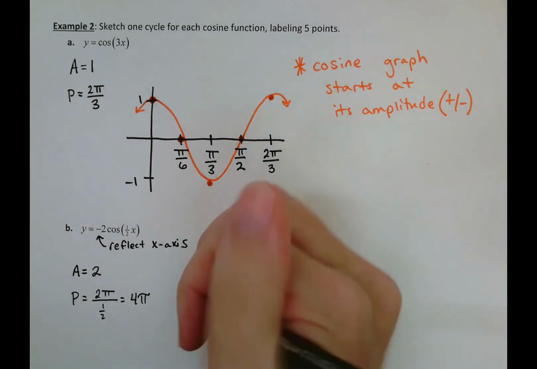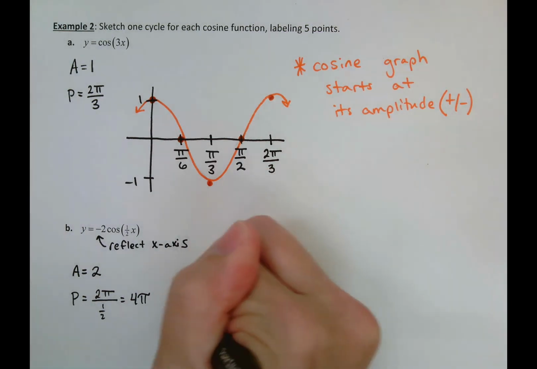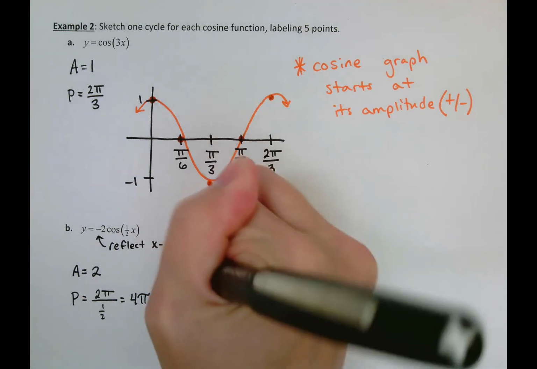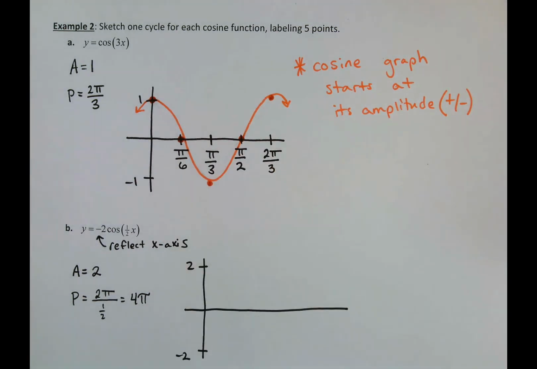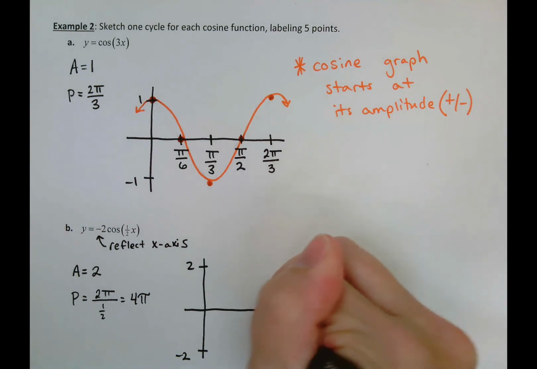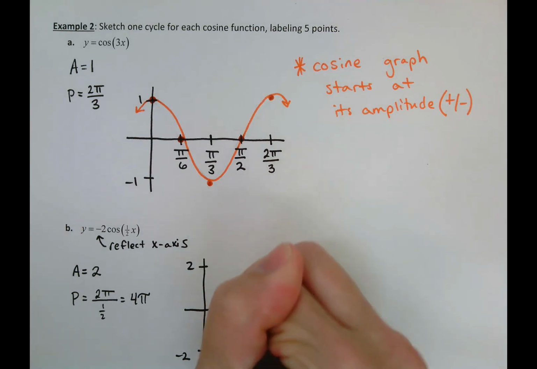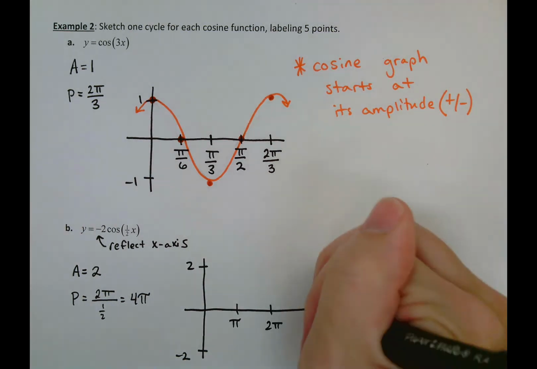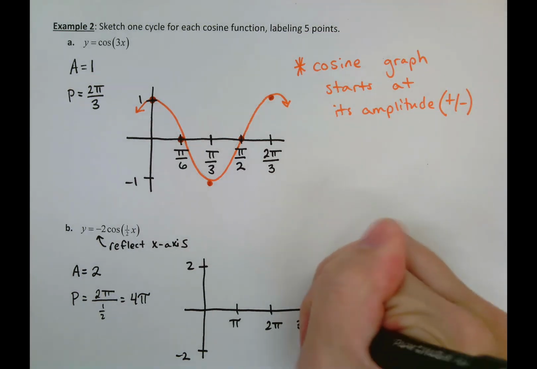All right, so let's graph this. Our amplitude is from 2 to -2. And then we're going to draw our horizontal tick marks. So our ending point is going to be at 4 pi, halfway, 2 pi, halfway, pi, and then this one's quite easy to see what goes there. That would just be 3 pi.